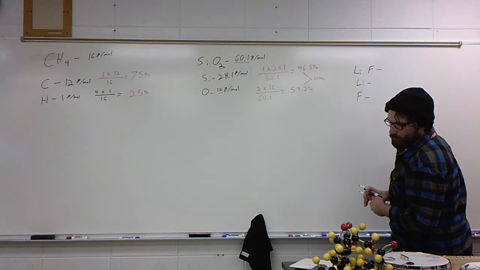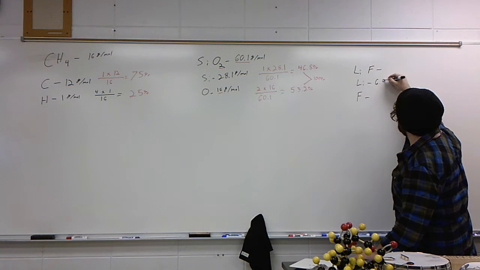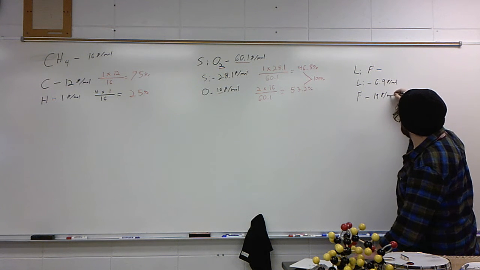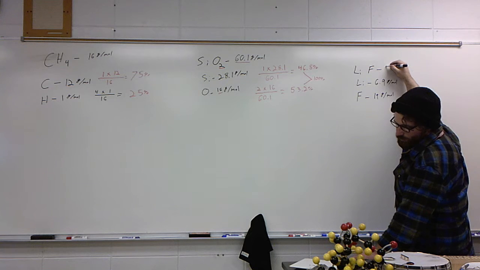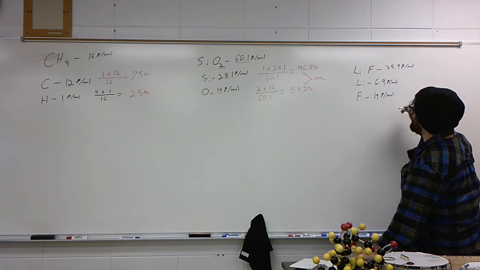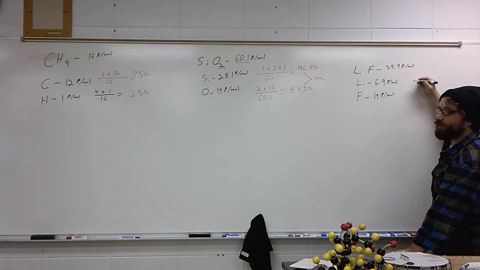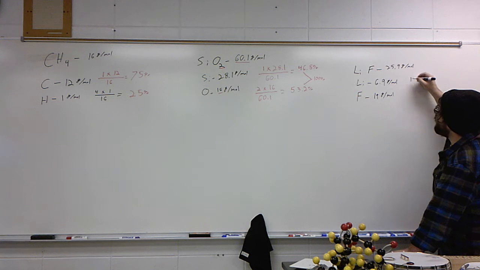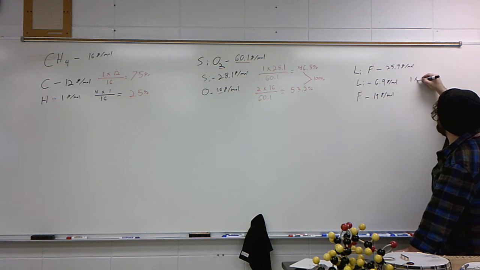All right, lithium is 6.9 grams per mole. Fluorine, 19 grams per mole. So lithium fluoride together is 25.9 grams per mole. Now it's a 1-to-1 ratio, so to find out the percent composition of lithium, I'm going to take 1 lithium times 6.9 divided by 25.9.